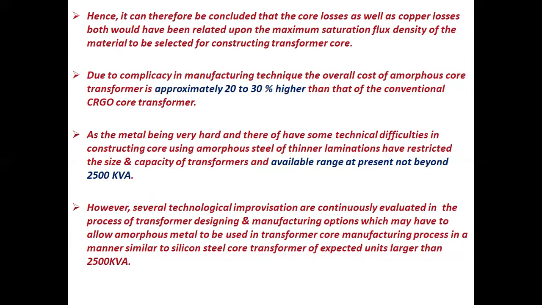Hence, it can therefore be concluded that the core losses as well as copper losses both would have been related upon the maximum saturation flux density of the material to be selected for constructing transformer core.